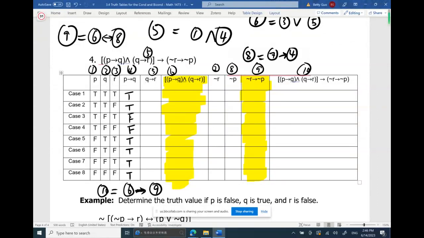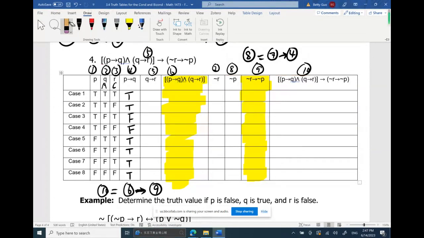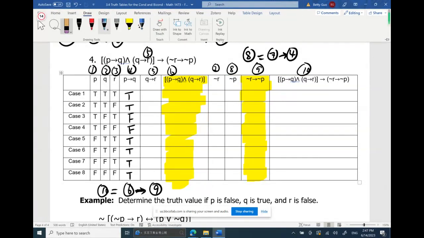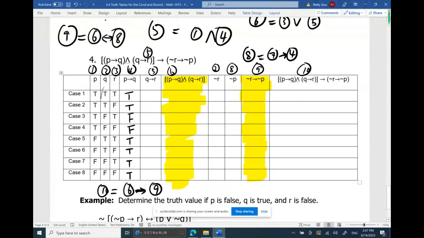Okay. So column 5 has Q. This is the antecedent, and this is the consequent. I need to color them in order not to see it wrong. So Q is the antecedent, and R is the consequent.